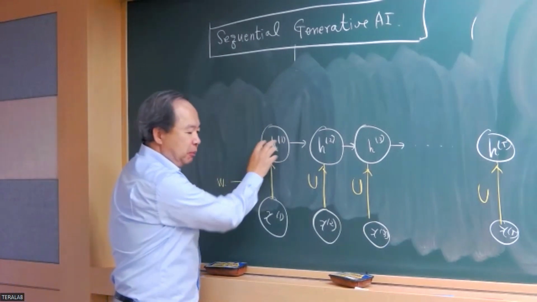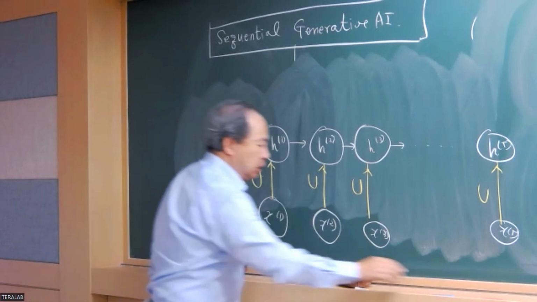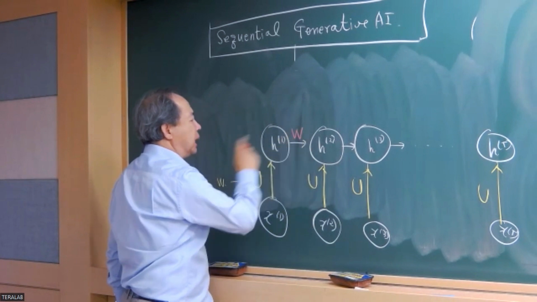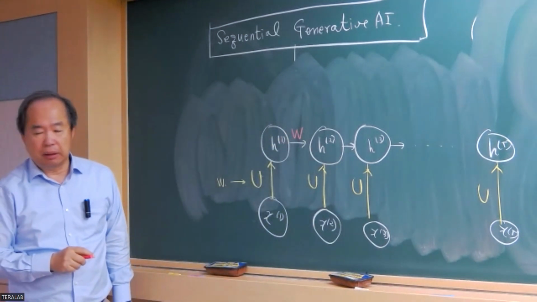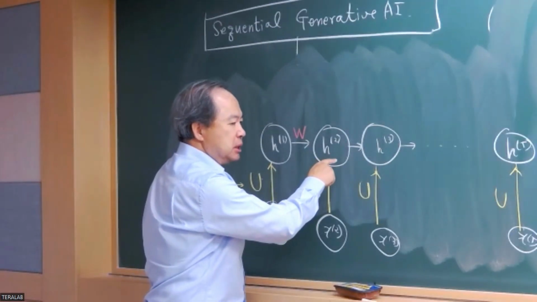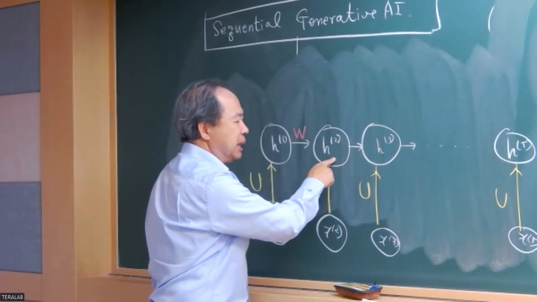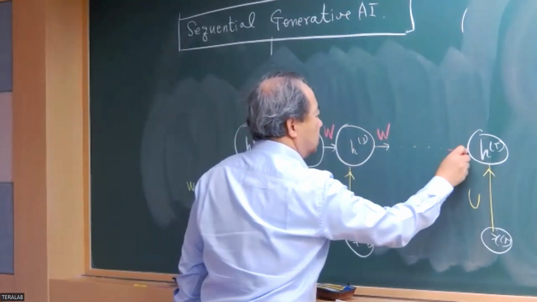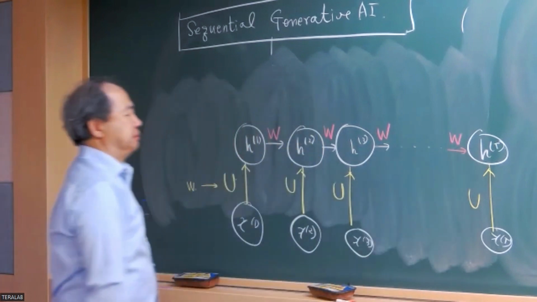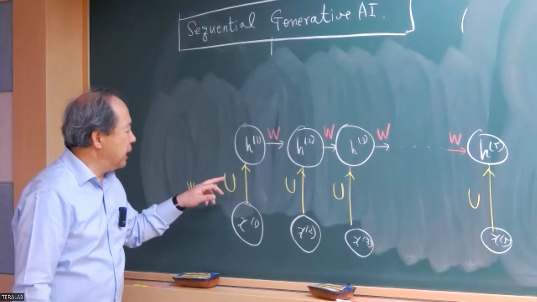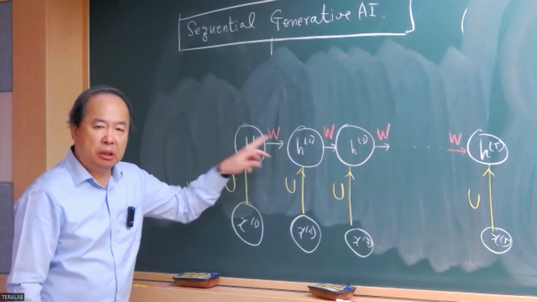The hidden layer information is connected to the second hidden layer by multiplying the W matrix. And at each step of hidden layer transmission from the previous time step to the next time step, we are multiplying it with W. So backpropagation and training means that we have to determine the optimal matrices U and W.